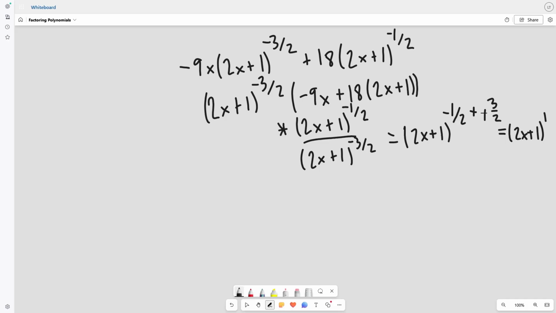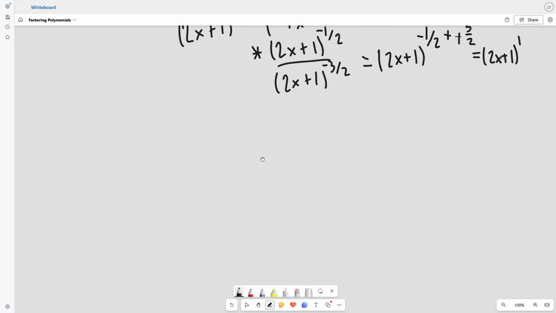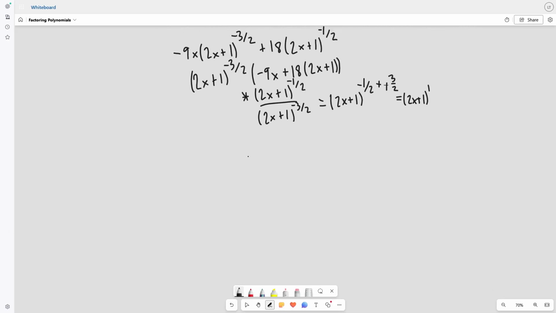Let's get a little more space. So now what we can do is we can bring this down here. What we want to do is use the distributive property for this 18 times 2x plus 1. So we'll get plus 36x plus 18. And we can simplify this further by pulling out a negative 9.